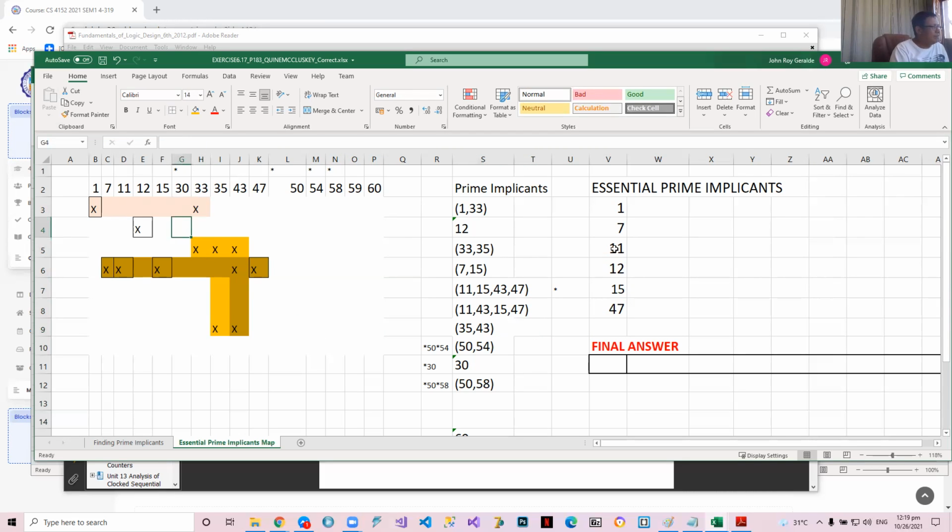There's only one here. Let me remove the colors first. These are really essential.